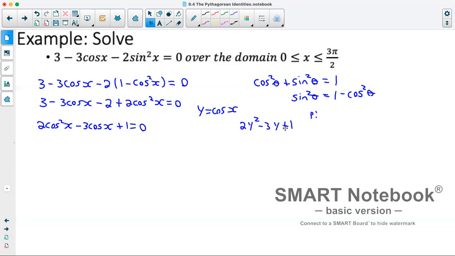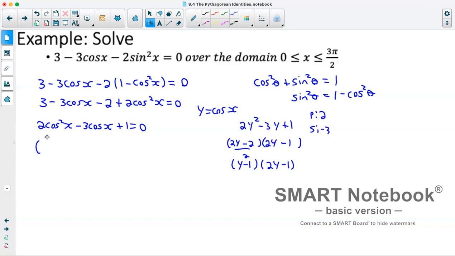We have a product of 2 times 1, so 2, with a sum of negative 3. We'll start each of these brackets with 2y. Two things that multiply to 2 and add to negative 3 would be negative 2 and negative 1. We can divide the extra factor of 2 out of this, so that gives us y minus 1 times 2y minus 1. Then we'll substitute our cos x back in and rewrite it over here.